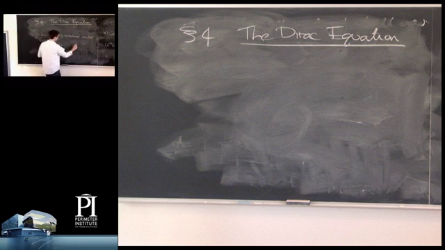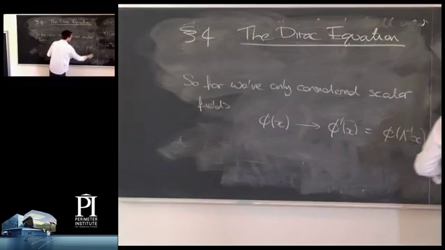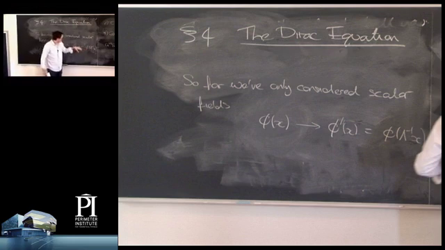And under a Lorentz transformation, basically what happens is under an active Lorentz transformation, the field just sort of rotates or boosts, and the new field is the old field evaluated at the point in space where you were before you did the active transformation. Okay? That's that lambda to the minus 1 there.